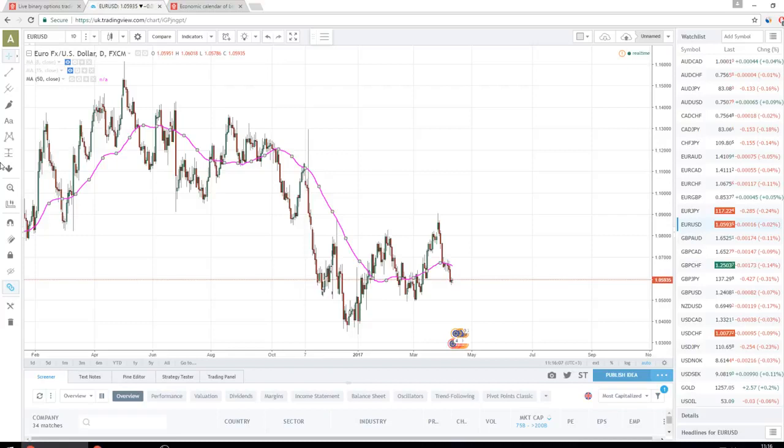Well, basically, it can be used both for those traders who prefer long-term trading, and for those who prefer short-term trading. Of course here I show you the chart, the changes in price for like a 1 day time frame, but you can also use it for 1 minute, 5 minutes.